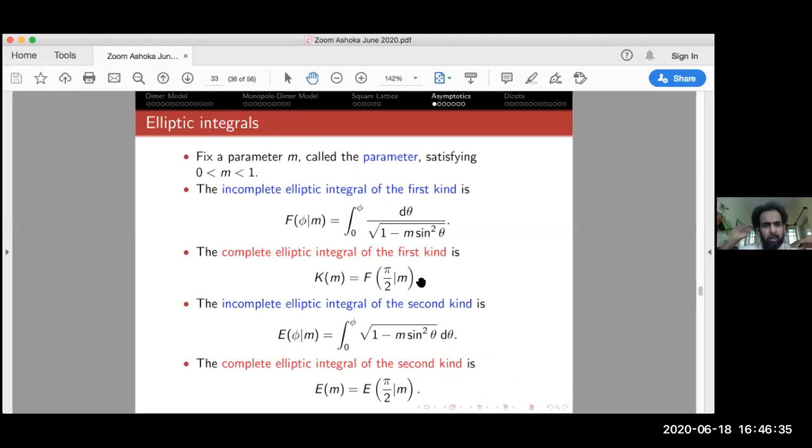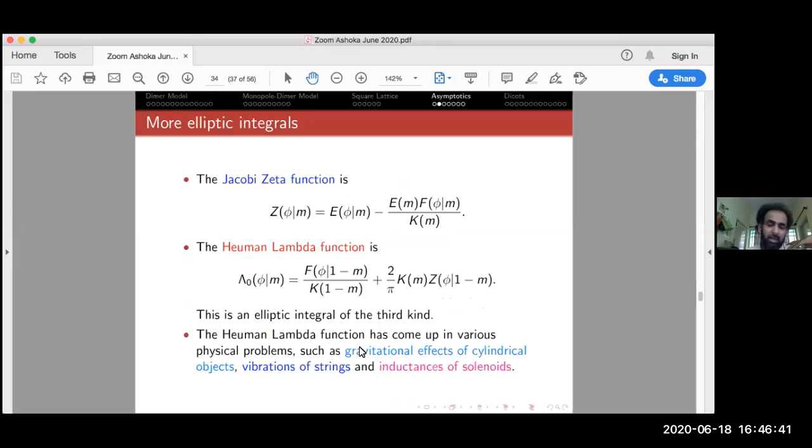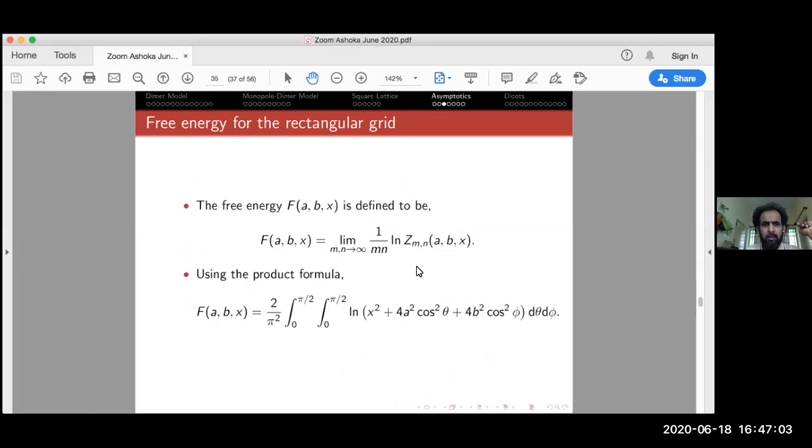In particular, this Heumann lambda function has come up in other problems in various physical contexts: vibrations of non-Hookean strings and inductances of cylindrical solenoids. So cylinders seem to like this function for some reason. This is an elliptic integral of the third kind.